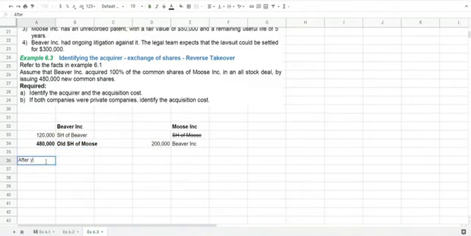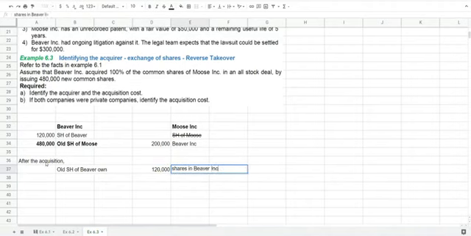After the acquisition, old shareholders of Beaver own 120,000 shares of Beaver, and the old shareholders of Moose own 480,000 shares in Beaver.